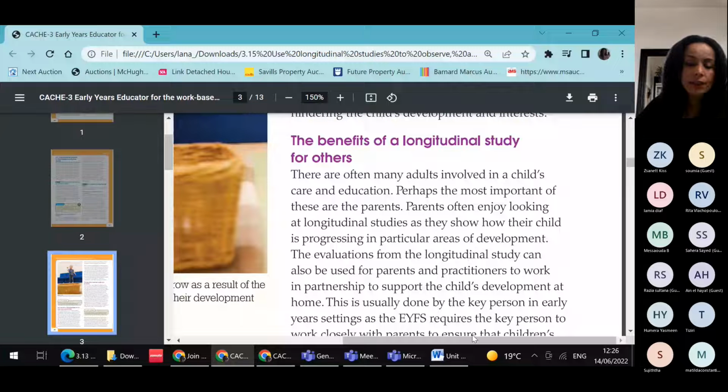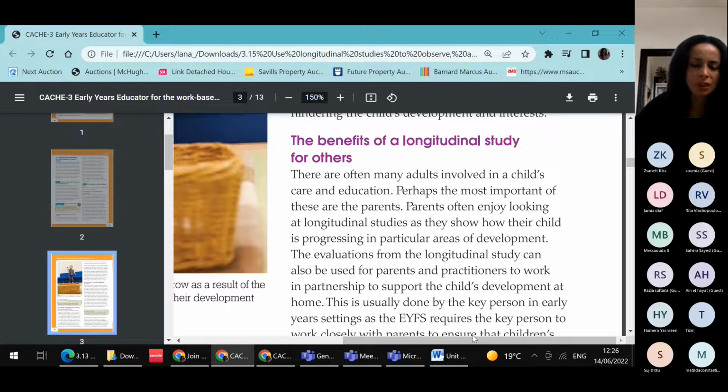There are often many adults involved in the child's care and education. So for example, the parents. If you do the longitudinal study, you would get lots of information about the child. The parents also benefit, because they will have lots of information about their children and how they can act with them, how they can progress them and how they can support them actively. So all this is very important to the parents.